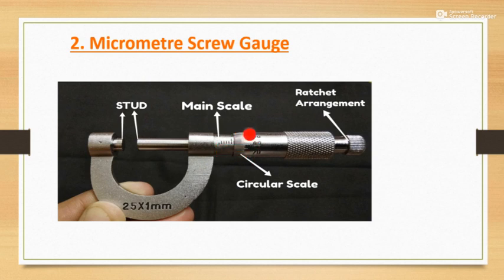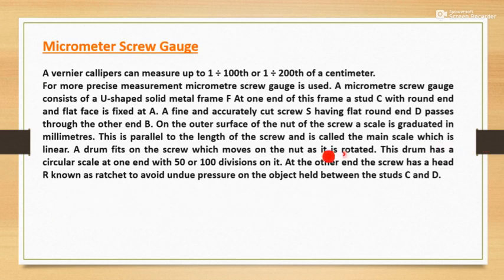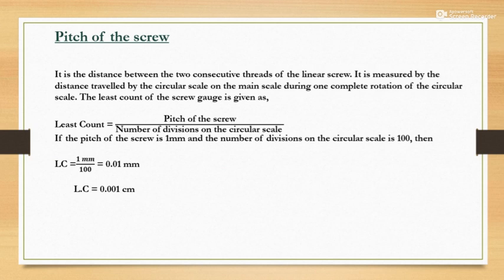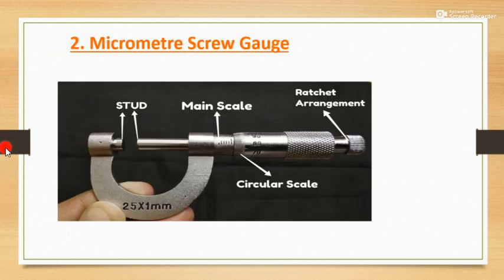We can rotate the circle around this main scale. A flat round end D passes through the other end B. On the surface of the nut, the screw scale is graduated in millimeters. Now you can see here, these scale divisions are equal in millimeters, and the circle scale readings are in divisions.